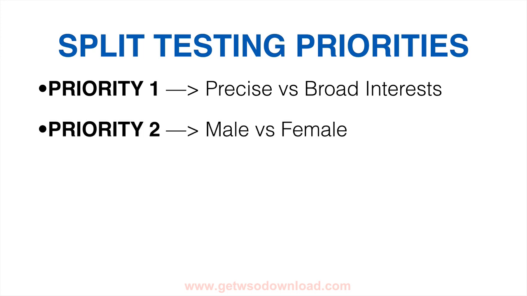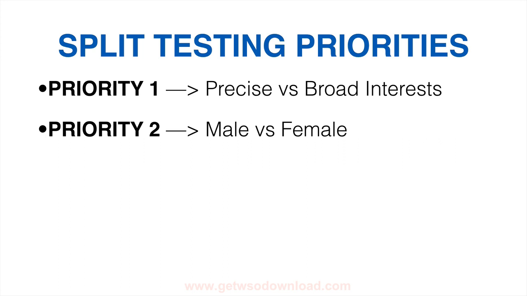Priority number 2 is split test male versus female. I don't care if it's a generic or unisex product, okay? Men and women will always behave differently toward your ads. So you need to know who's buying more, men or women. I promise you it will always be different.